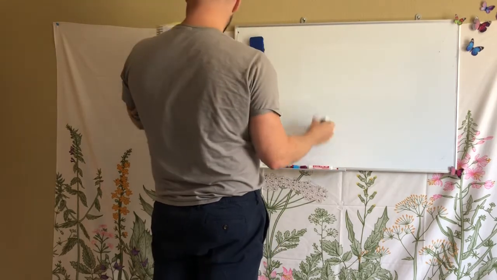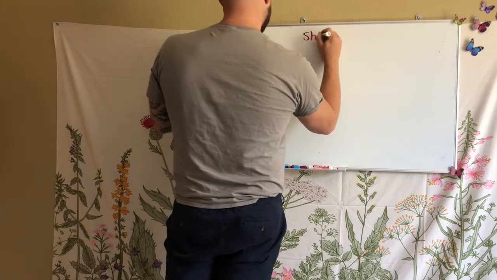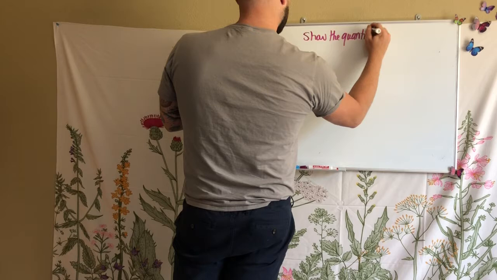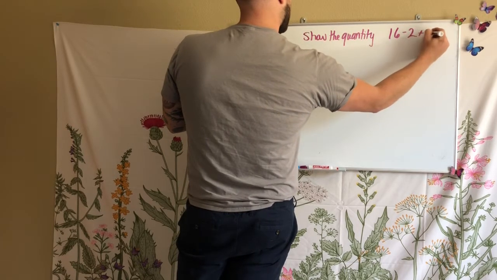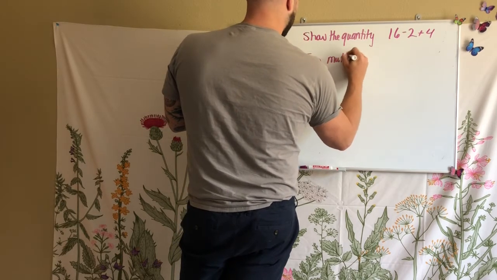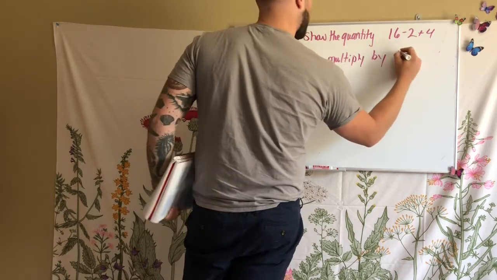I'll do this again. Show the quantity 16 minus 2 plus 4, then multiply by 3.